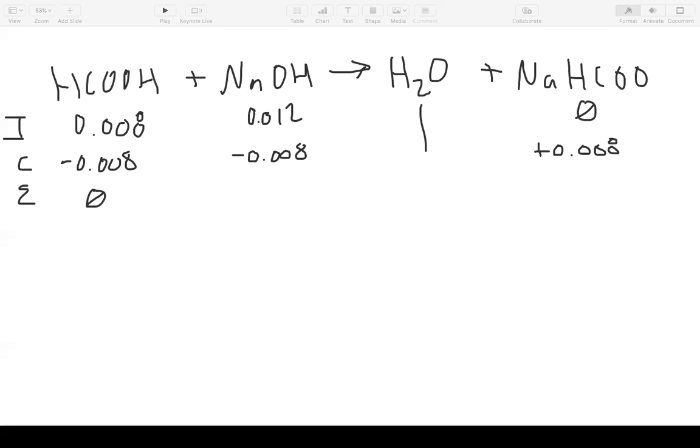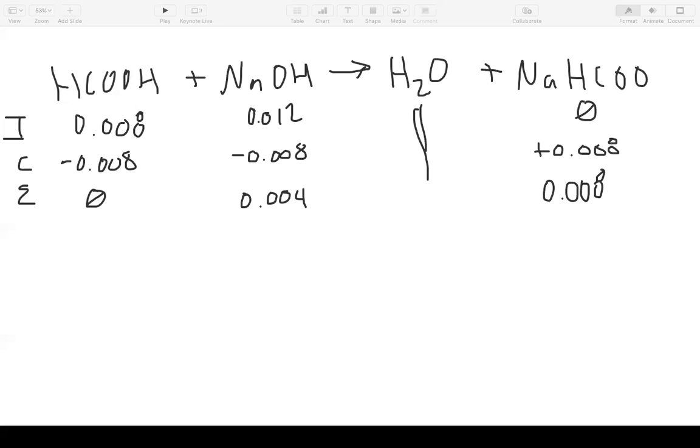We're going to have some NaOH left over, 0.004, and then for the salt, we'll have 0.008.